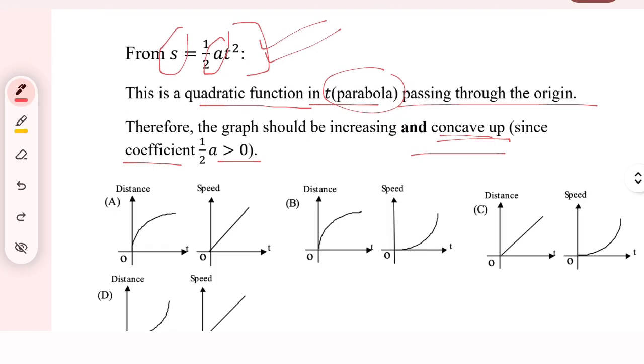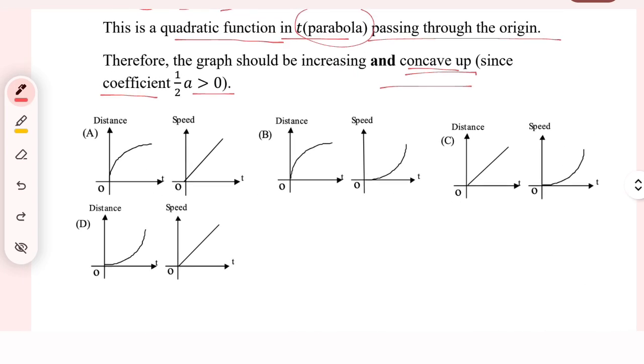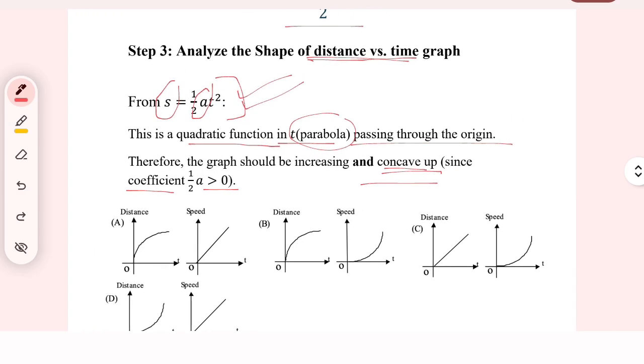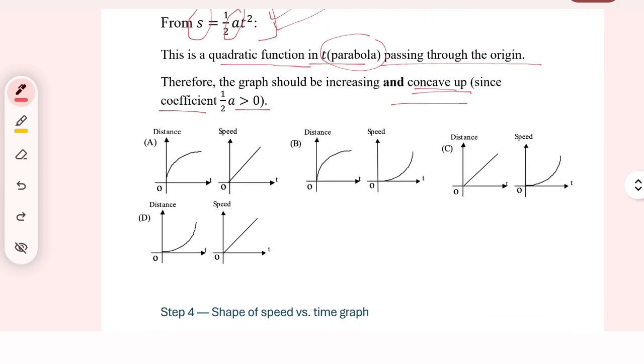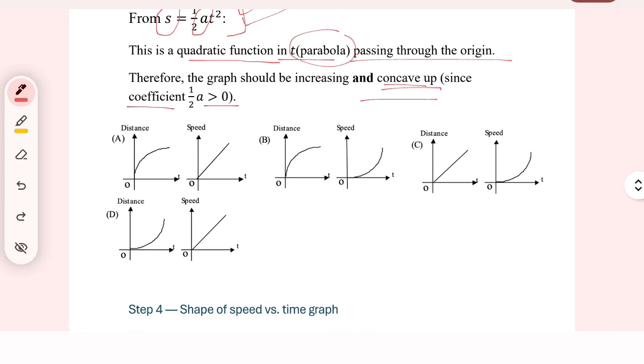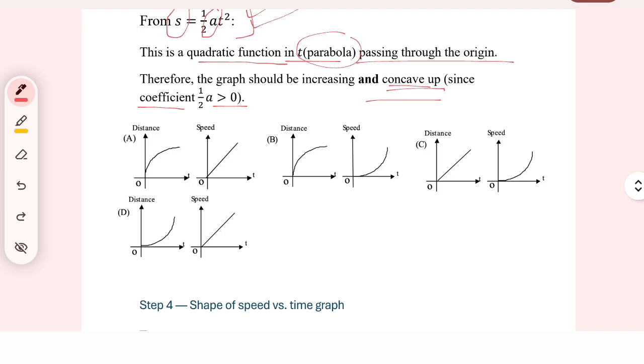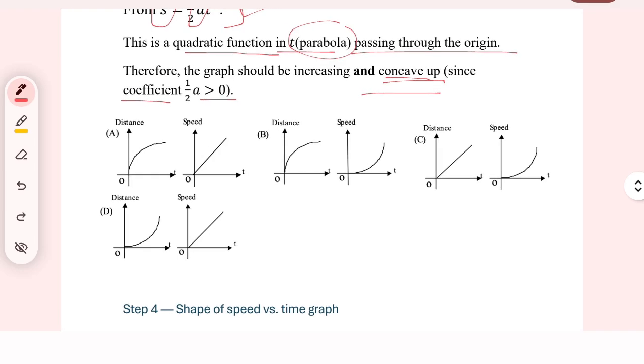Now let's go back to the choices. Which of these choices would be our answer? Remember, it's distance over time. Just look at the given. Here it looks like this is the one.